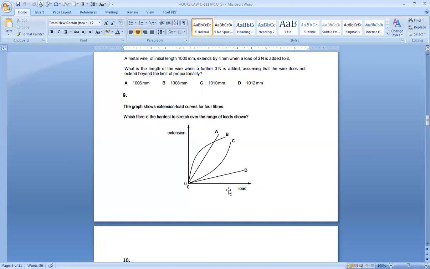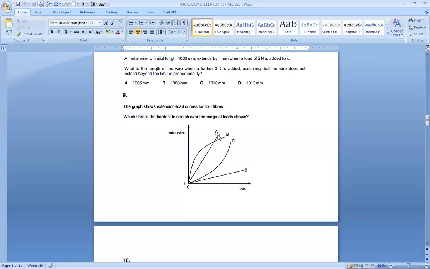Number 9, the graph shows the extension load curve for 4 fibers. Which fiber is hardest to stretch over a range of load? Remember, extension is along the vertical, load is along the horizontal. So D is your option, because the graph of D is not moving along the vertical.